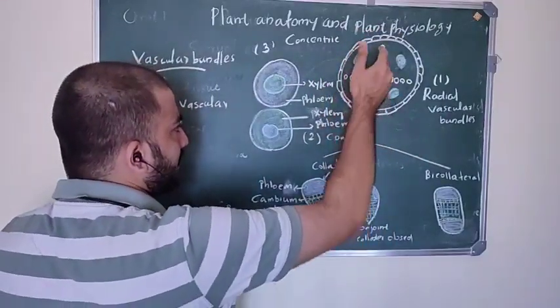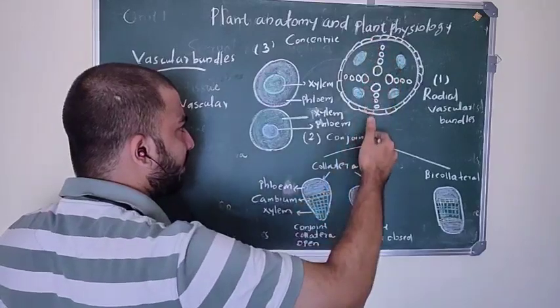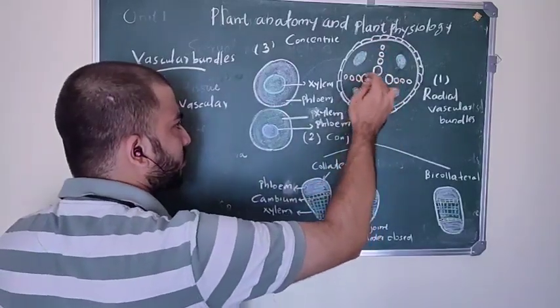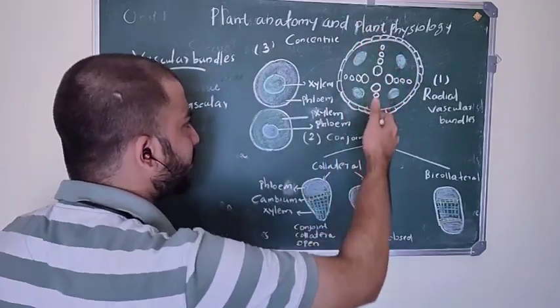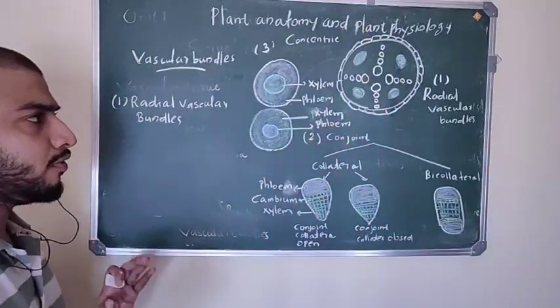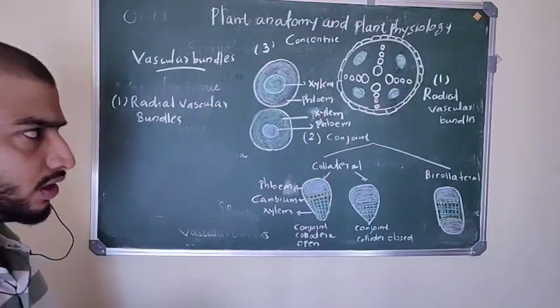If you observe the internal structure of the root, you can see xylem tissues in one radius, and phloem tissues in another radius. This type of vascular bundle is called a radial vascular bundle. Understood?